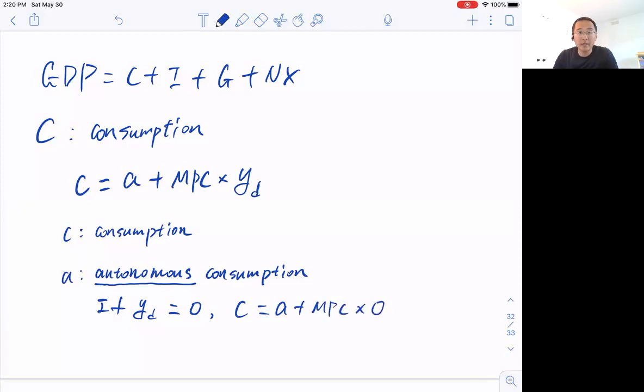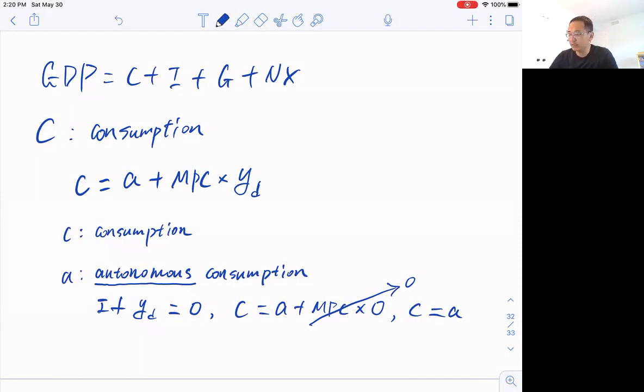Anything times 0 is 0, so this whole term goes to 0. Then what you have left is C equals A. What this means is that A is the amount of consumption you need even when your income is 0, when you have no income at all.